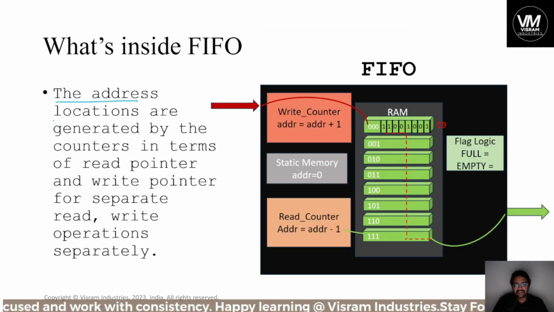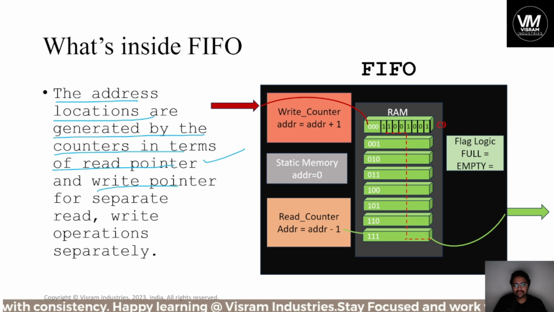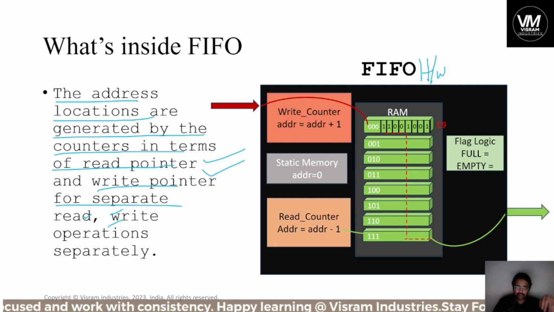The address locations are generated by the counters in terms of read pointer and write pointer. We call them tail and head, or else read pointer and write pointer, for separate read and write operations respectively. Now understand, FIFO is a piece of hardware, like an output buffer.